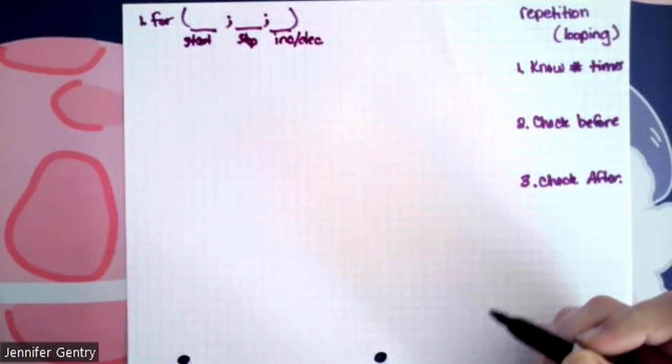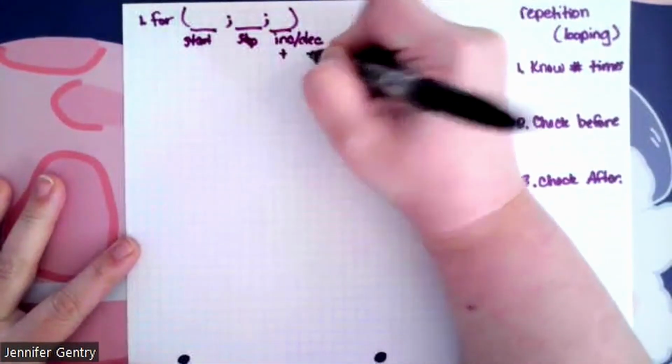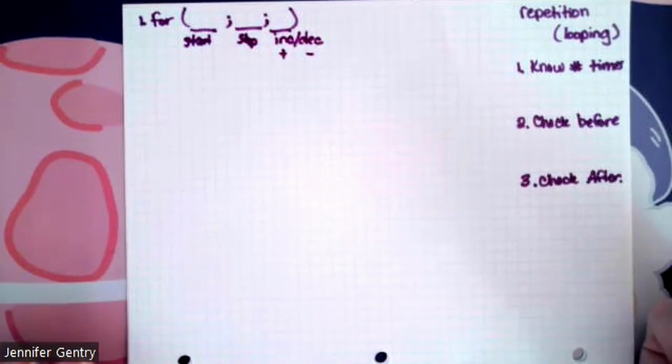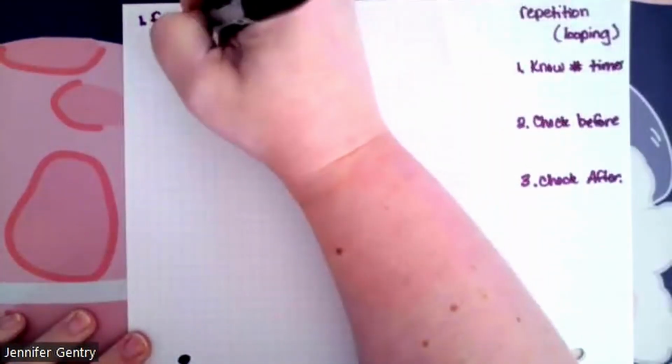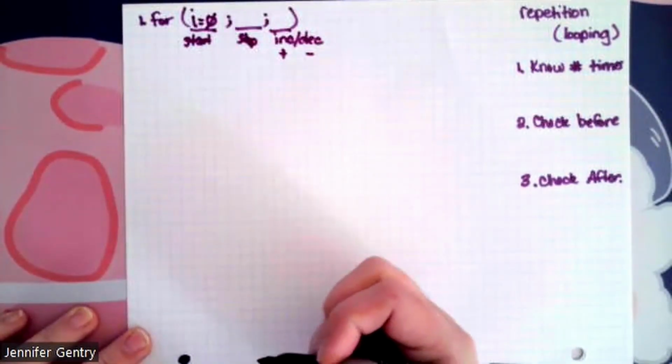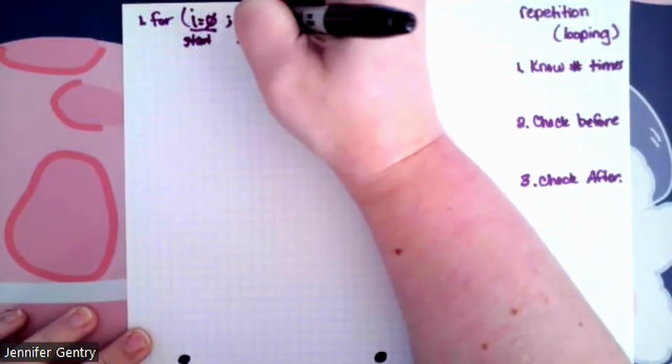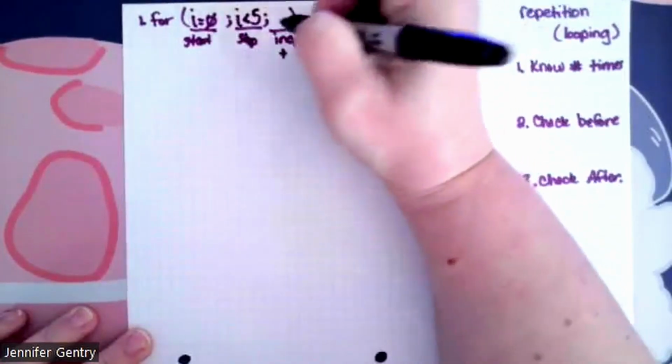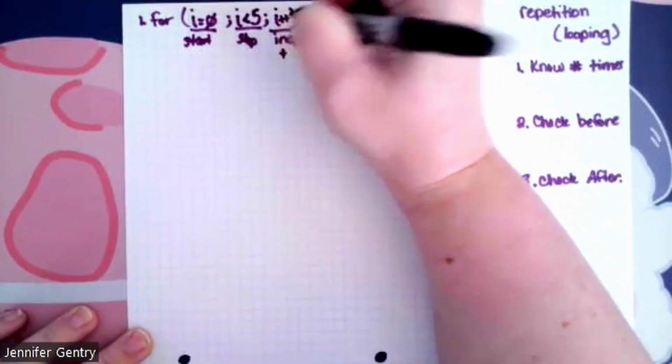Increment means we're increasing. Decrement means we're decreasing. Okay? So for the start, I can say my variable I equals 0. And while I is less than 5, and then I can say add 1 to it.